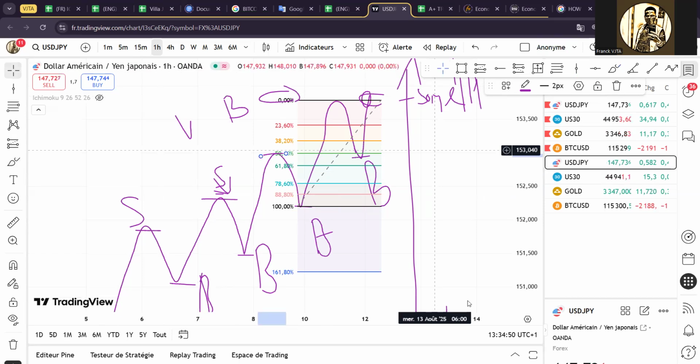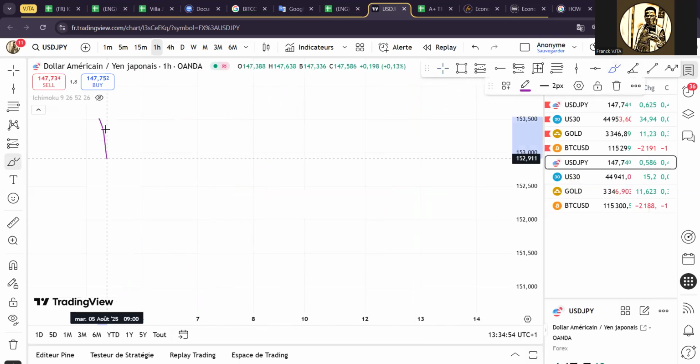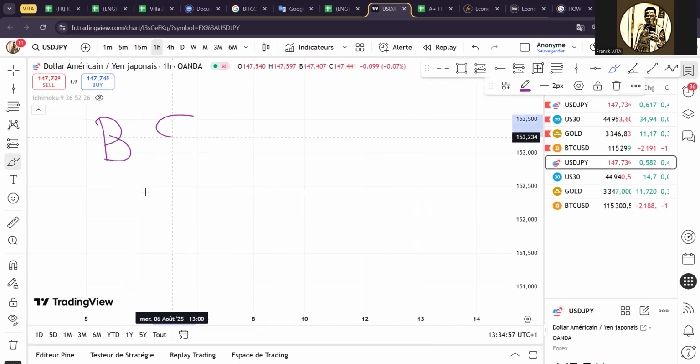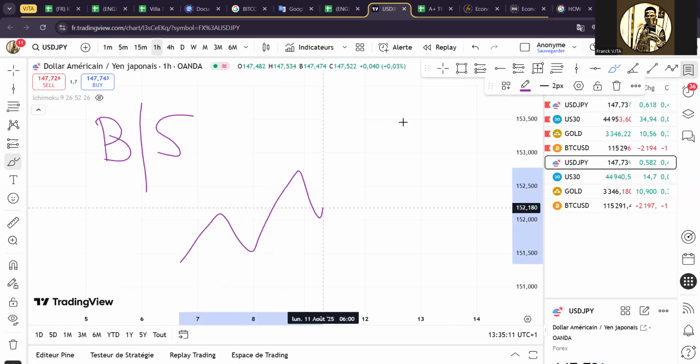Because the market is made of what? Who and who? The market is only made of buyers and sellers. So you need to position yourself at the logical place where other buyers are buying and other sellers are selling.